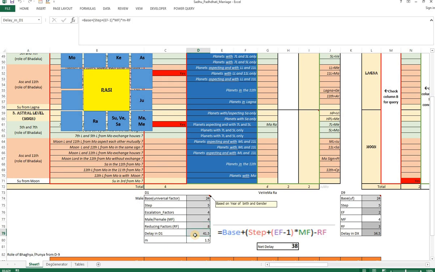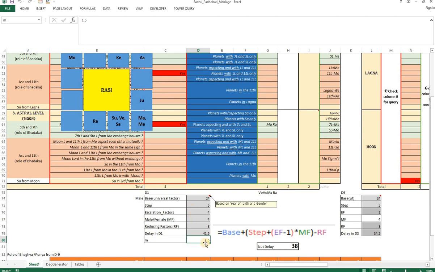And the delay is arrived at from a formula which also includes a modification factor called M. Mostly it will be 1, so you can put your modification factor as 1. And then, of course, this particular example required a further modification of 1.5 as per the book. There is no rhyme or reason why 1.5.